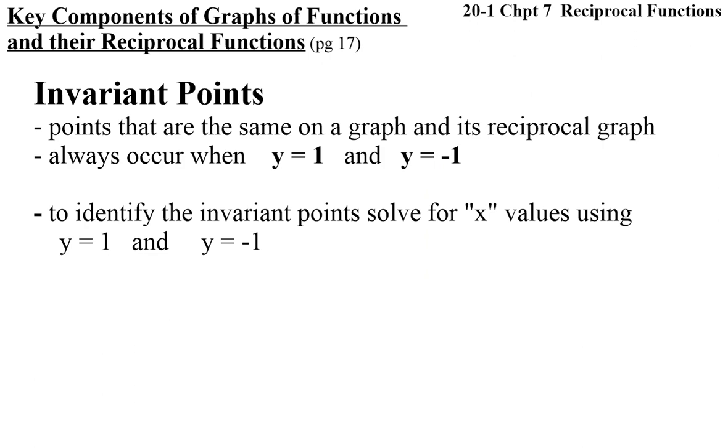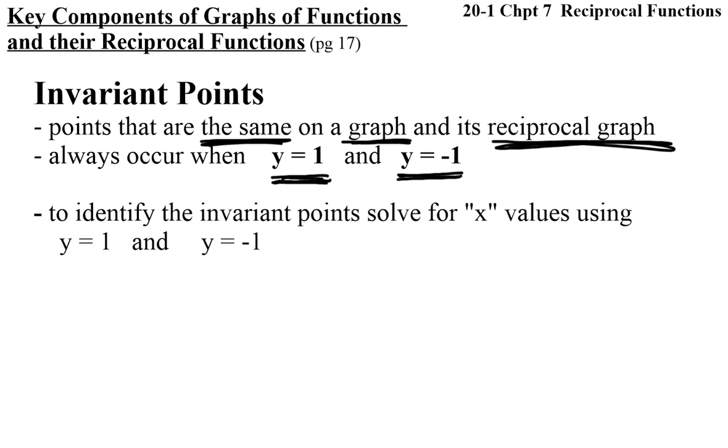Now the second thing is your invariant points. Invariant points, which we talked about with the absolute value, are points that are the same on a graph, and in this case, it's reciprocal. This year, invariant points always occur where y is equal to 1 and y equals -1.